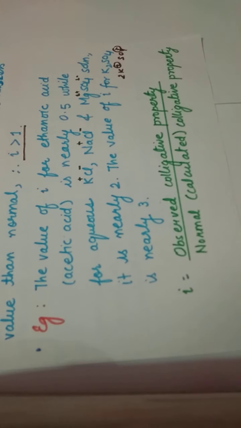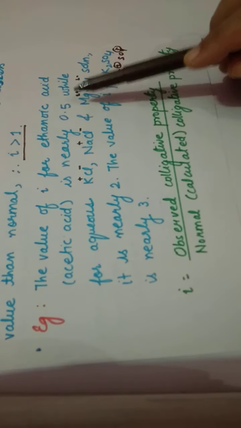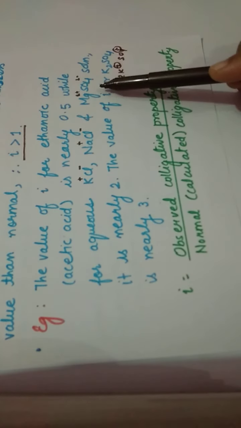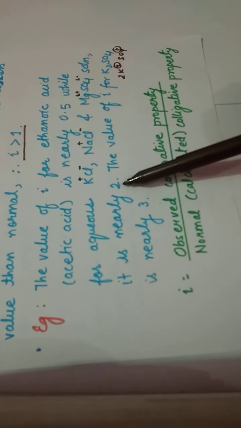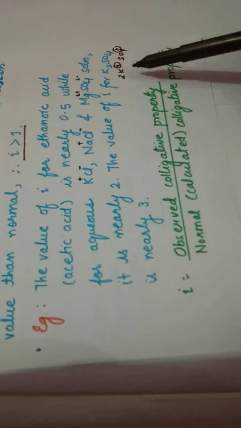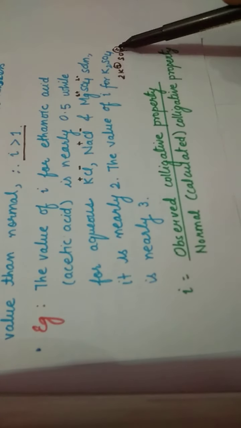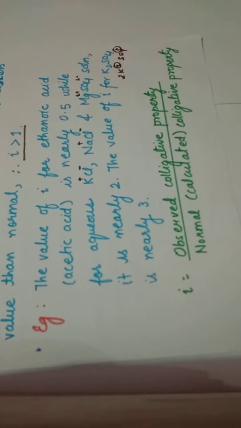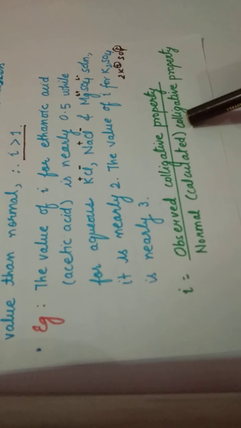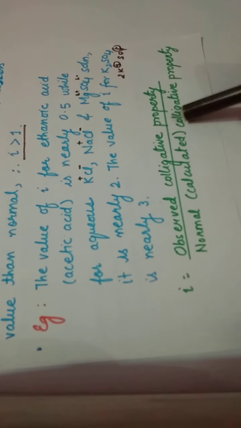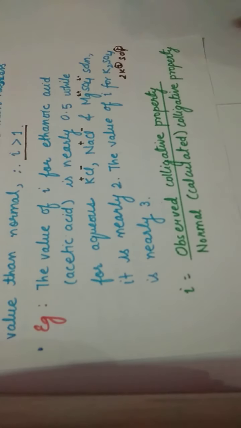For ethanoic acid it is nearly 0.5, for KCl, NaCl, MgSO4 it is nearly 2, and for K2SO4 it is 3. So I is equal to observed colligative property upon normal or calculated colligative property. We just put the values in this and we can get the value of I. Children, numericals will be coming based on this, so I will make you do that.